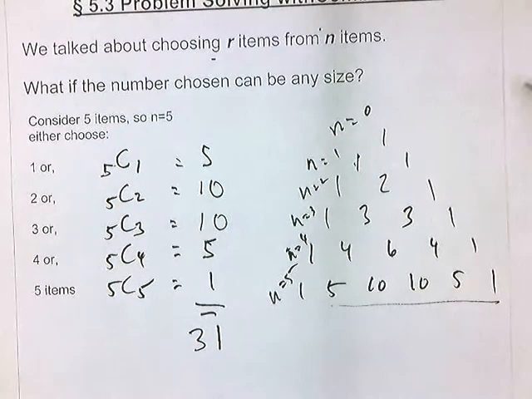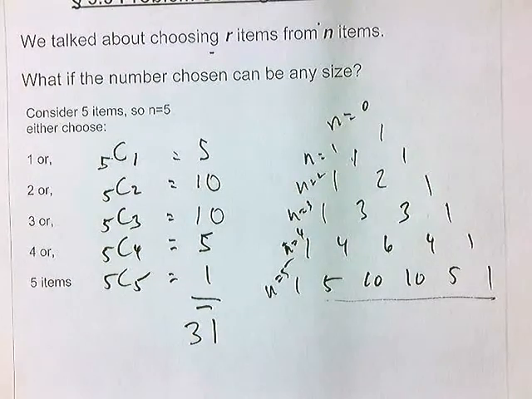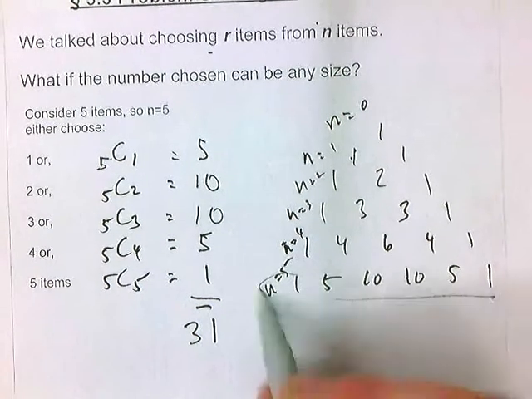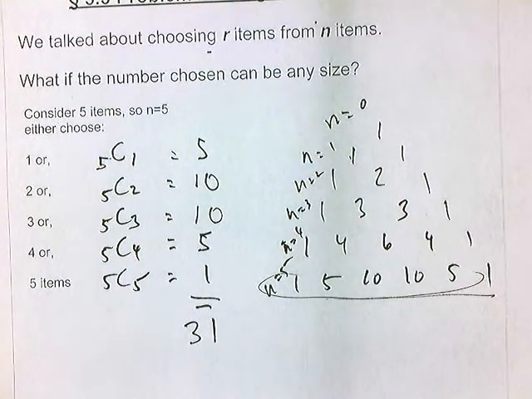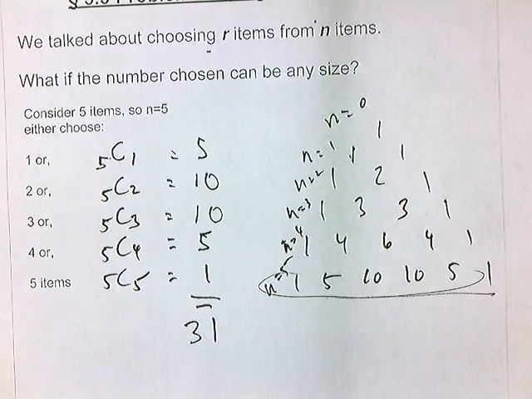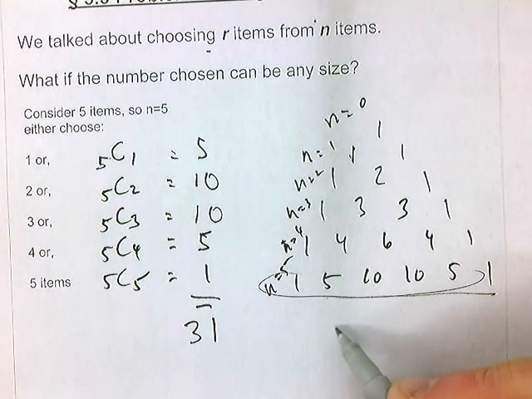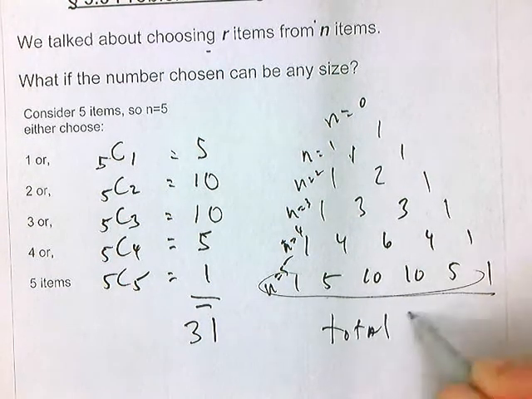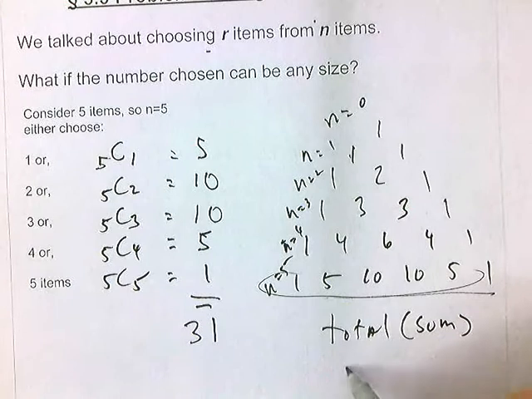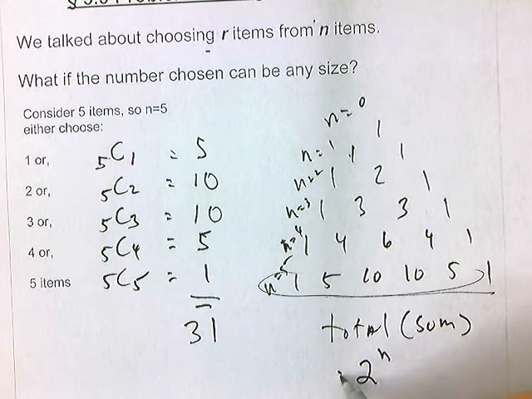And you remember when we first introduced Pascal's triangle, we realized that the total at the bottom of each nth row can be given by the sum, 2 to the n.